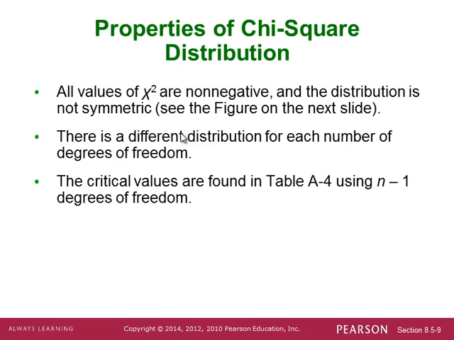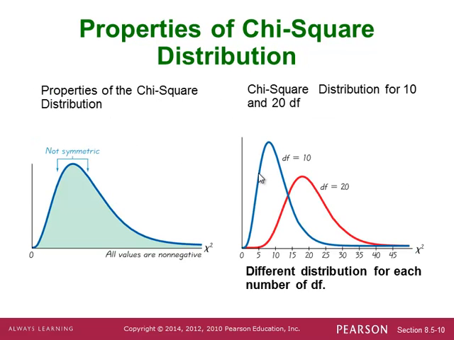Okay, properties of the chi-square distribution. I think we've seen this before when we were doing the confidence intervals for variances or standard deviations. So I'll let you look at that and then move on. We've already seen this picture before. Chi-square distributions are skewed.